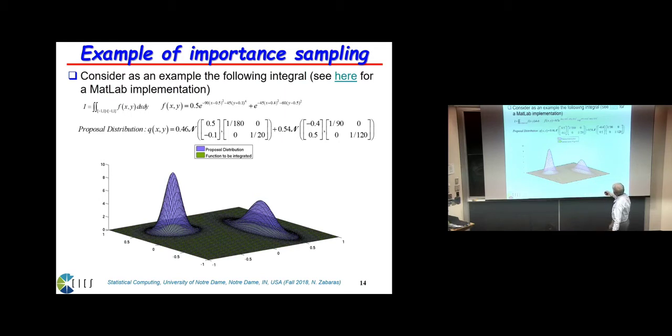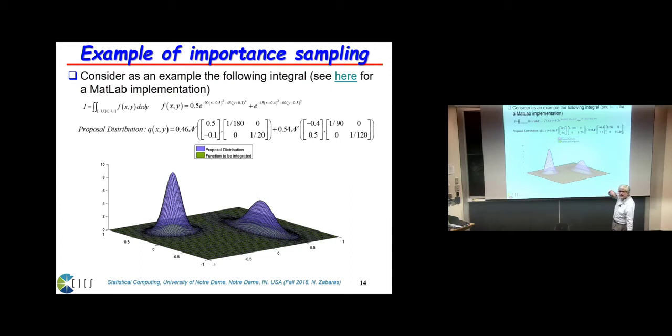So what we do, we need to integrate this function f, that has these Gaussian-like looking terms. And so we put on top of it a proposal distribution that's a mixture of two Gaussians, and you can see them, these two blue Gaussians, okay? So if you try to do importance sampling on this and you want to calculate the integral of a function, when you have integrals, you can think of this as an expectation with respect to the uniform distribution, which is 1.